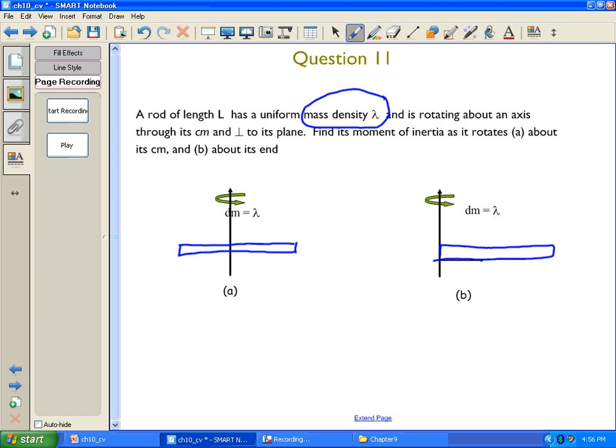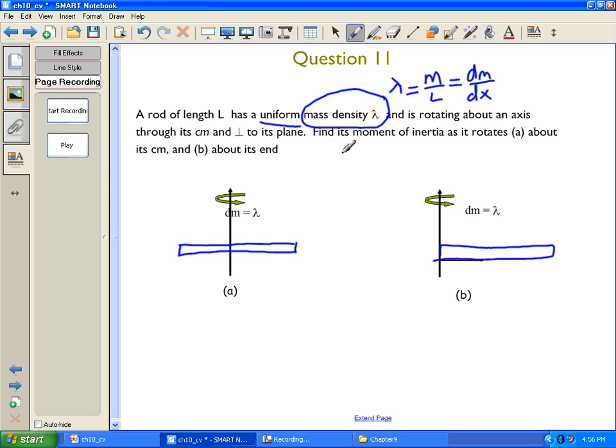Remember that lambda, the uniform mass density, is constant, as is the case here because of the word uniform. It is a ratio of total mass to total length, which should be the same numerically as small mass to small length.